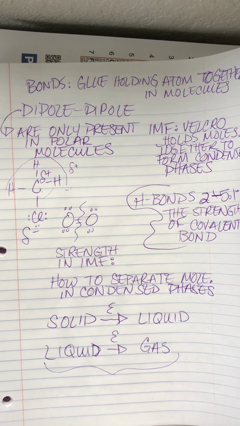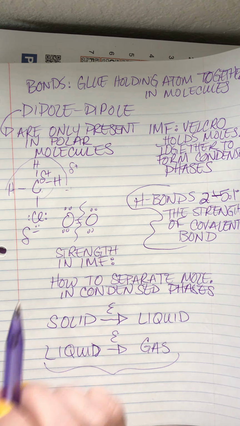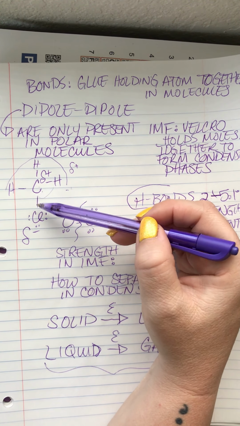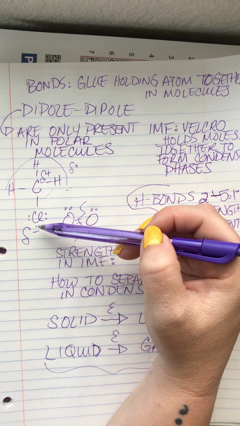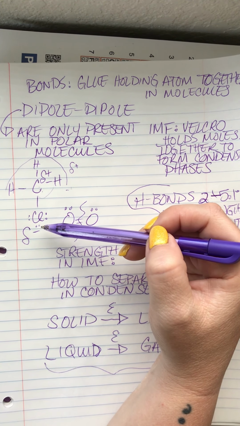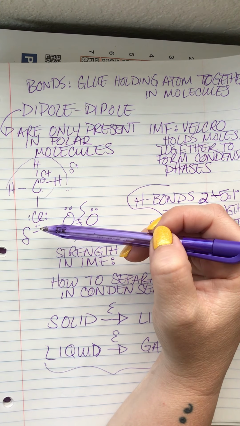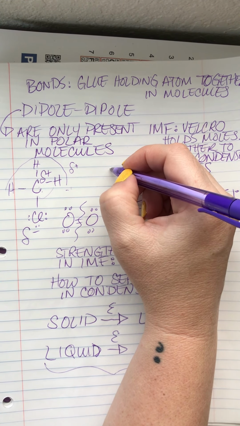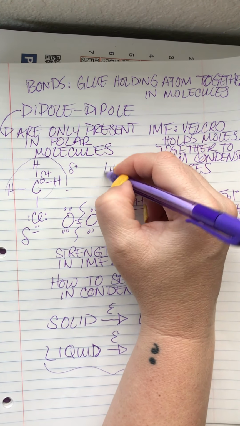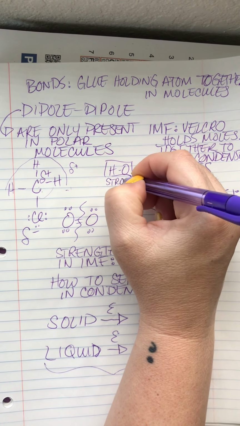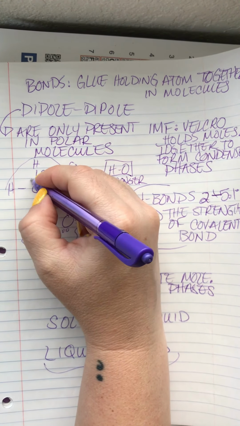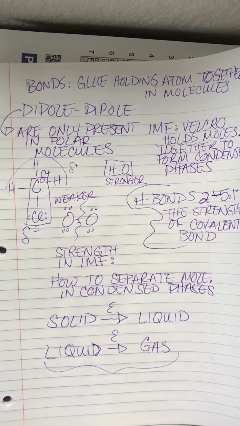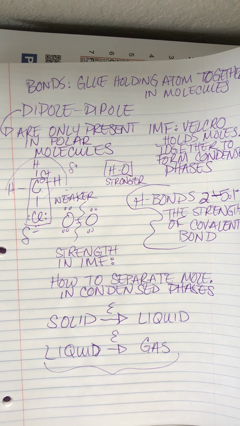But I just want to talk about dipole-dipole interactions. We know that carbon and chlorine bonded to each other will be a polar bond, but the strength of the polarity in the bond is much weaker than if we had, say, hydrogen bonded to oxygen. This one is stronger. This one is weaker, in terms of its polarity. Does that make sense?